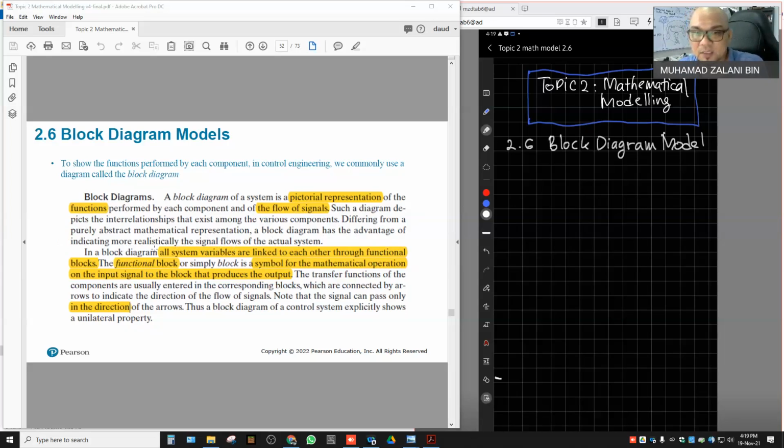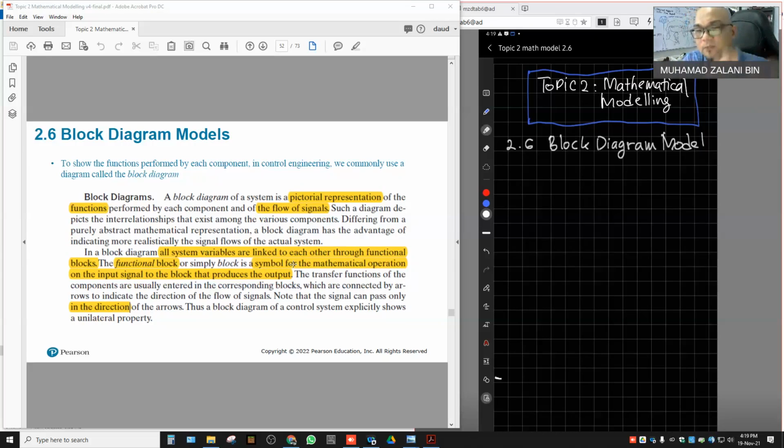And then in the second paragraph here, as you can see, in a block diagram model, all system variables are linked to each other. So we have many models, such as the actuator model and the processor model. There are many functions in there, and the variables link to each other.